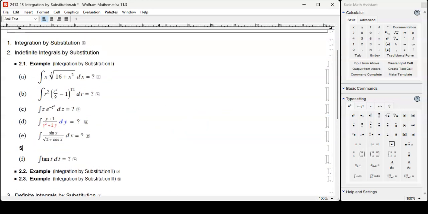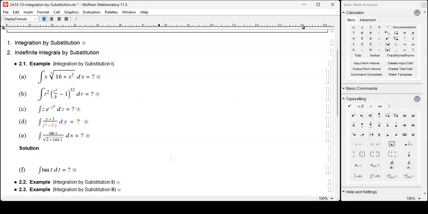How about this problem? Let's take, say, let's say u again. And what's the inside function?